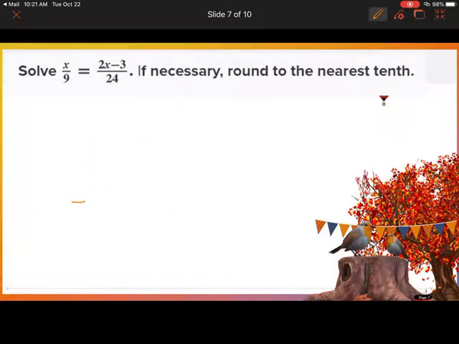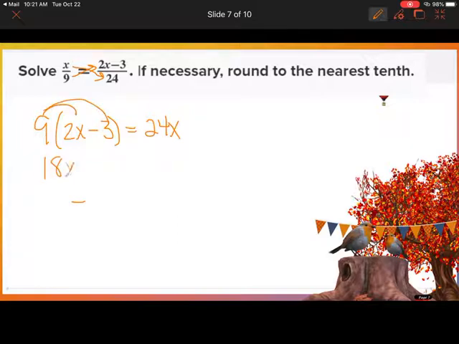So same thing here, I'm going to multiply across. So I'm going to have 9 times the quantity 2x minus 3, and then equals 24x. So I'm going to have to distribute. So I have 18x minus 27 equals 24x.